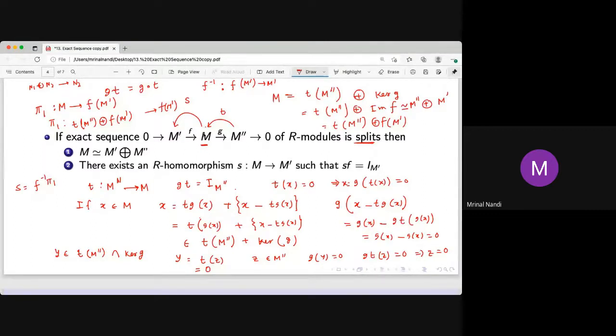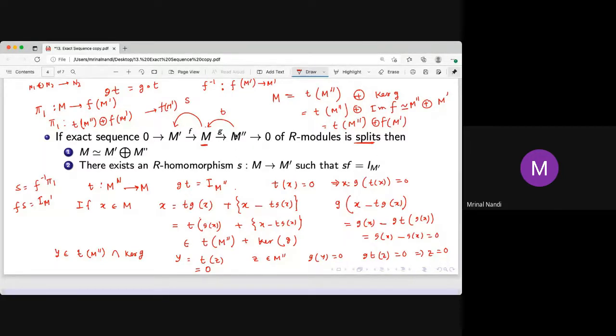We define that map as our S, and in that case F S is actually pi 1, the identity map on M dash. So this proved that there is a map S from M to M dash such that S F is the identity on M dash.